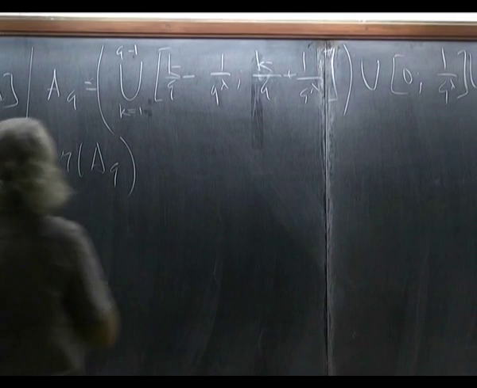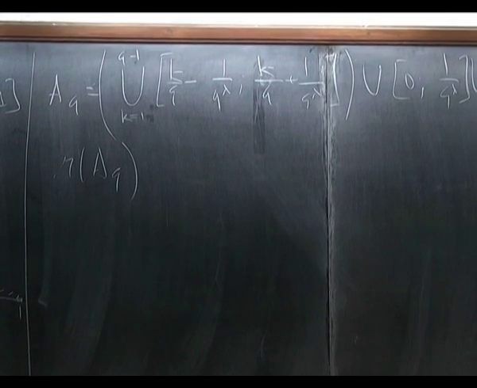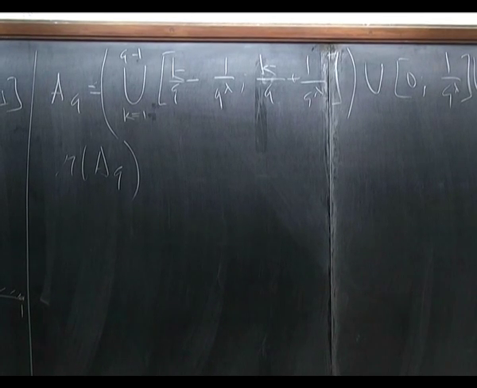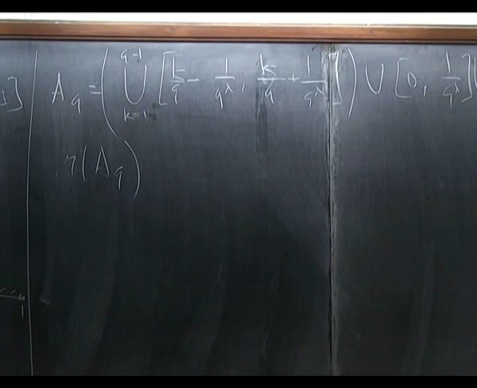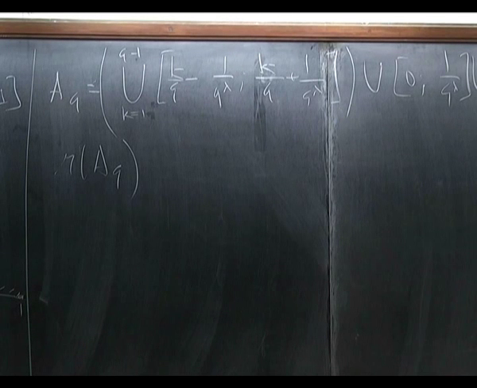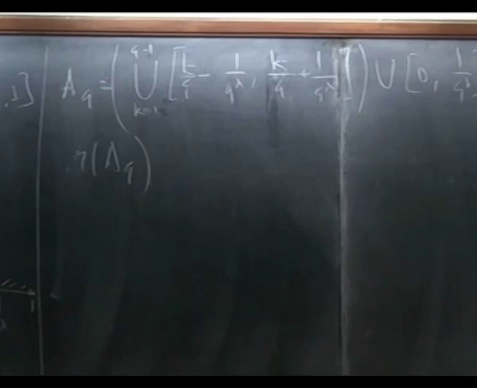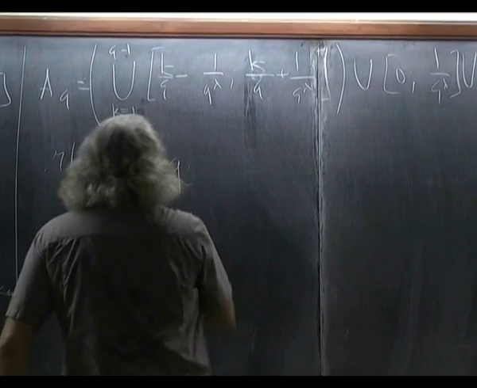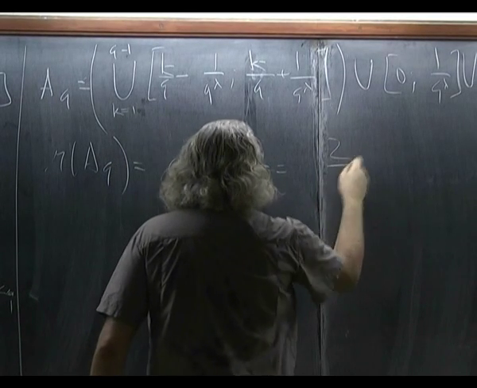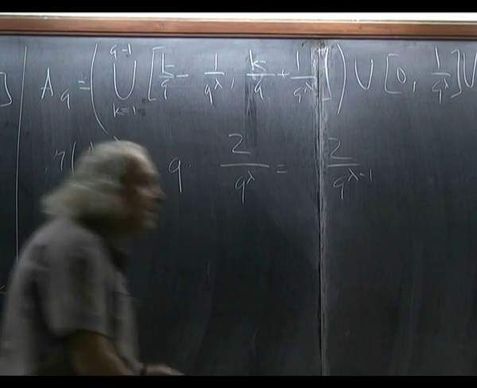Now, what is the measure of A_Q? The measure of A_Q is, so we have Q minus 1 full intervals and 2 halves. So we have in total Q full intervals, and each full interval has length 2 over Q lambda. So the measure is Q times 2 over Q lambda, so 2 over lambda to the power minus 1.